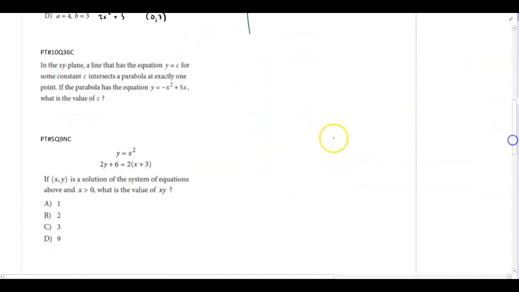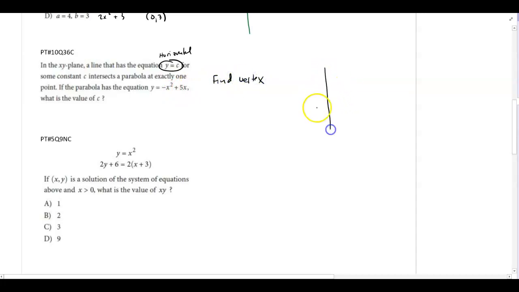The next one: in the xy-plane, a line has the equation y equals c, so you know right away that's a horizontal line. For some constant c, it intersects a parabola at exactly 1 point. If the parabola has the equation y equals negative x squared plus 5x, what is the value of c? The key is you need to find the vertex.